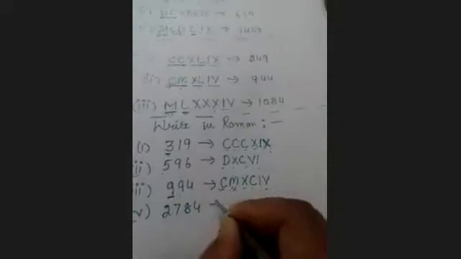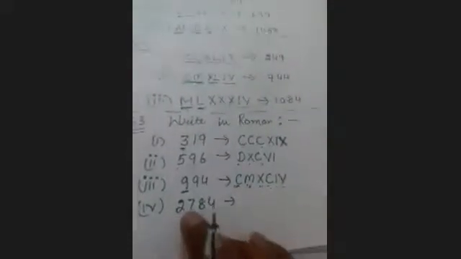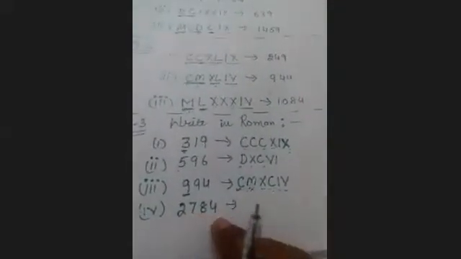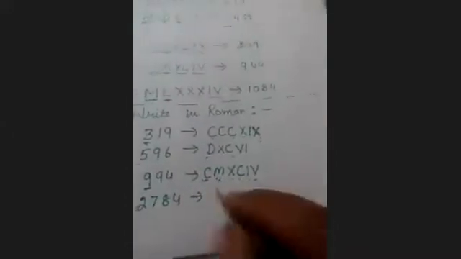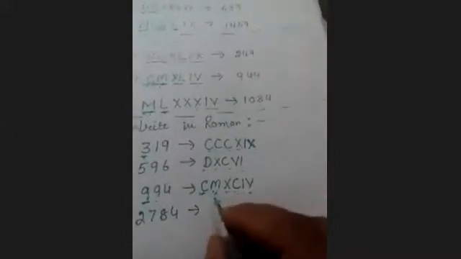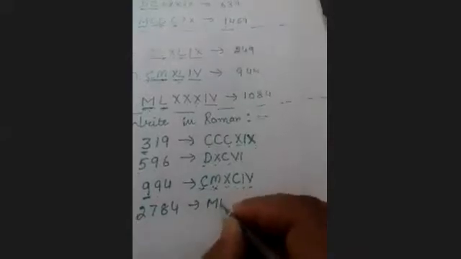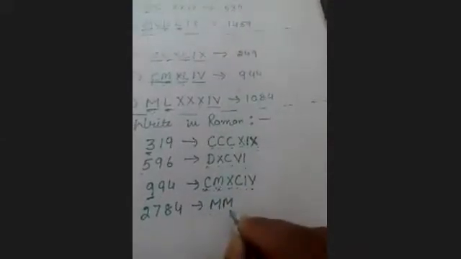Next is the fourth part: 2784. First we write 2000. For 2000 we use MM.